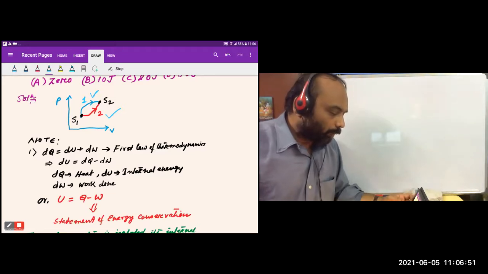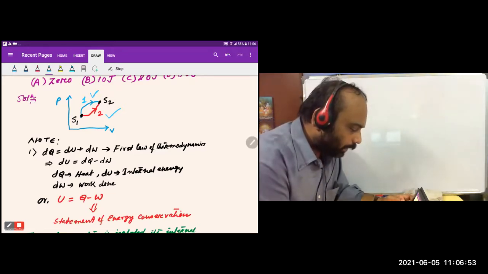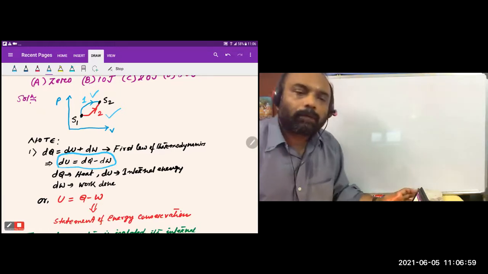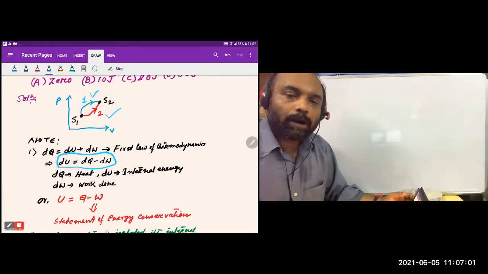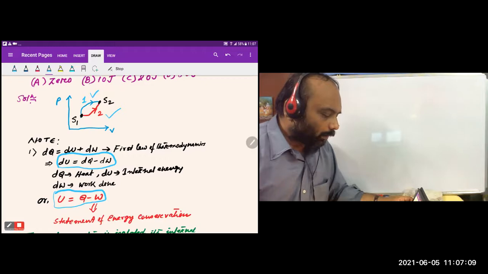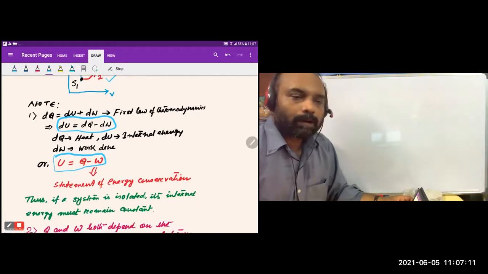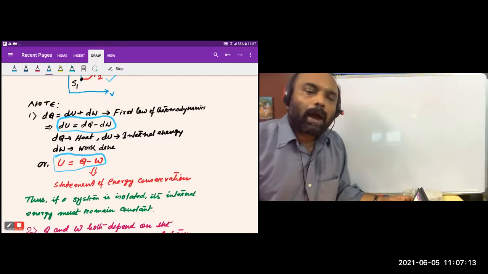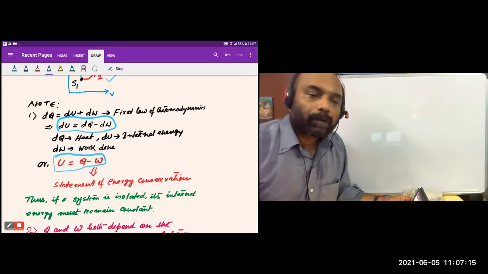So therefore, dU, internal energy, is equal to dQ minus dW. Or you can write U is equal to Q minus W. So basically, the first law of thermodynamics is the statement of energy conservation.